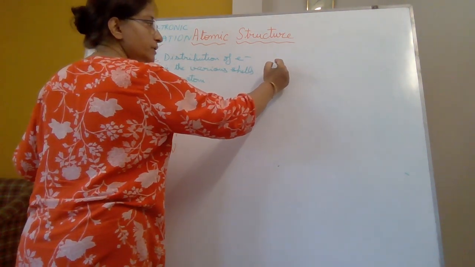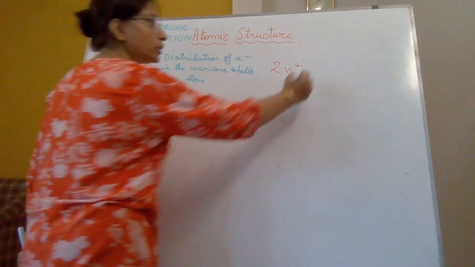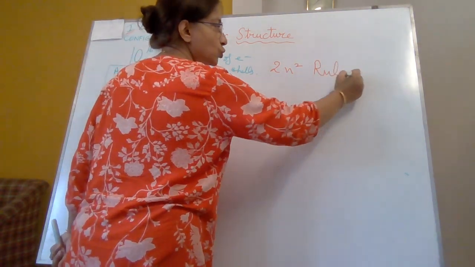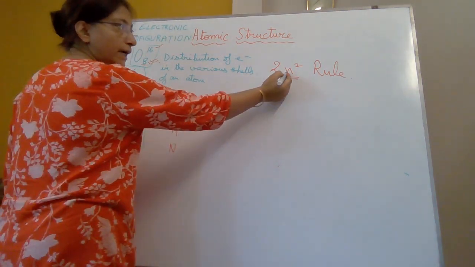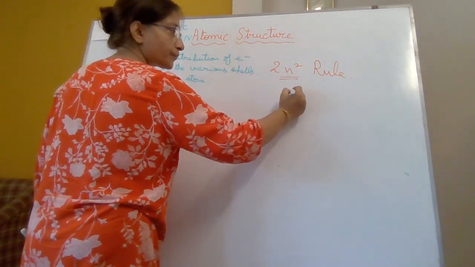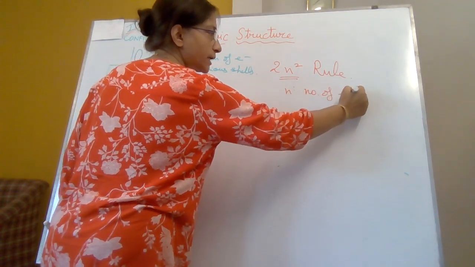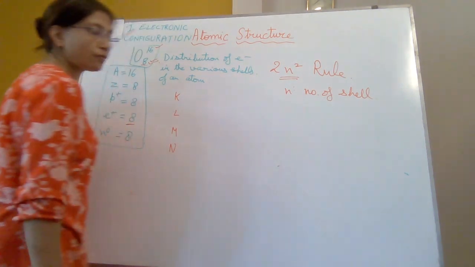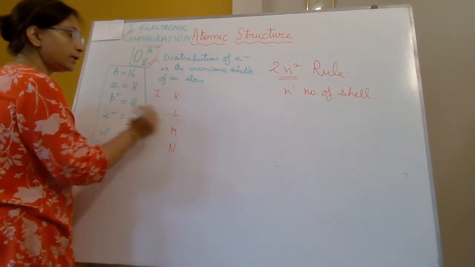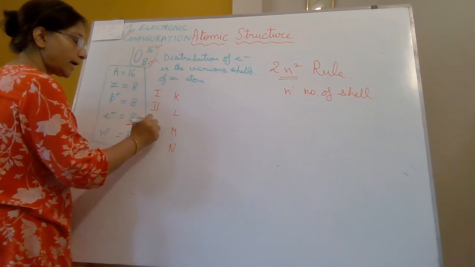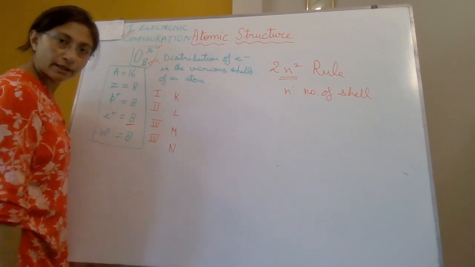The first rule is the 2n square rule. Now what does this rule say? First thing, the n here represents the number of shell. So K is your first shell, L is the second, M is the third, and N is the fourth shell.